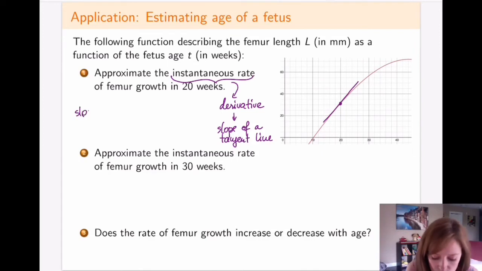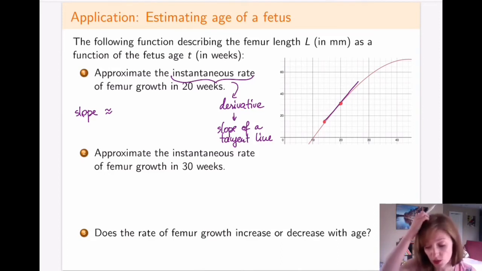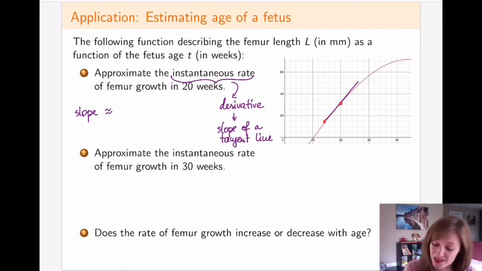Okay, so let's say that the slope of the tangent line is approximately equal, and I'm just going to pick 2 points. So in fact, I can pick the point that I sort of chose here, and then a point, let's say, somewhere here. Okay, and I have to compute rise over run between these 2 points. Again, it's an approximation, so none of my answers are going to be exact, but I should be in the ballpark, okay?